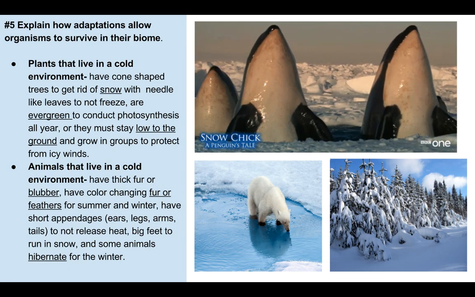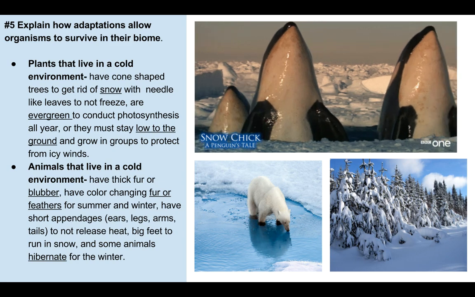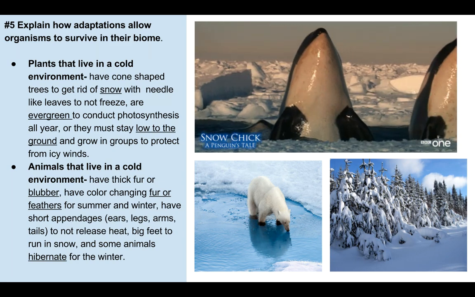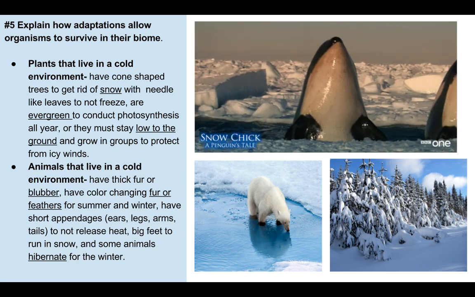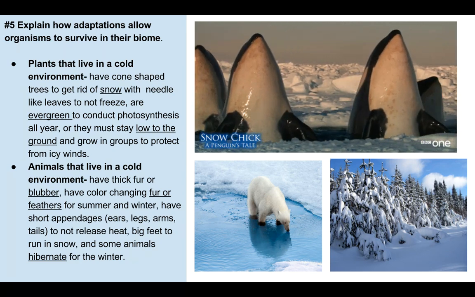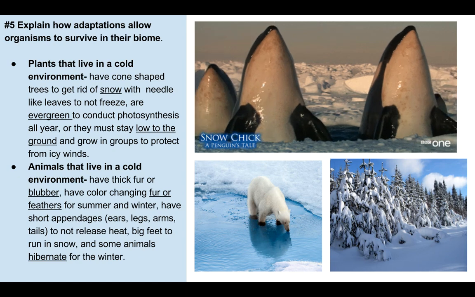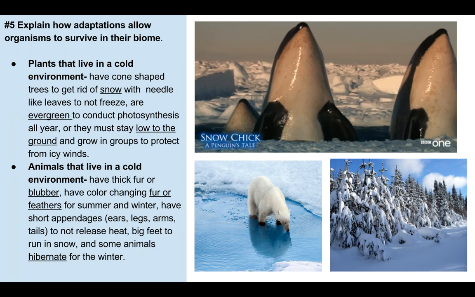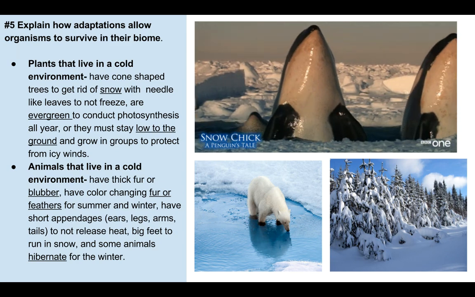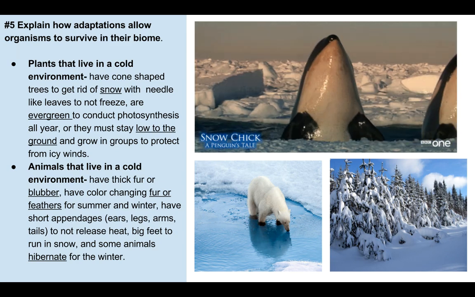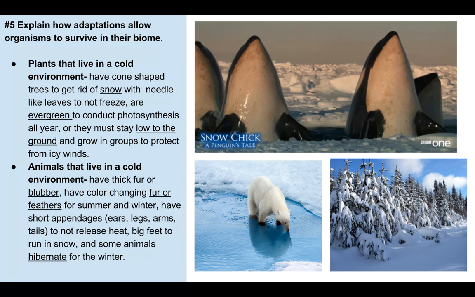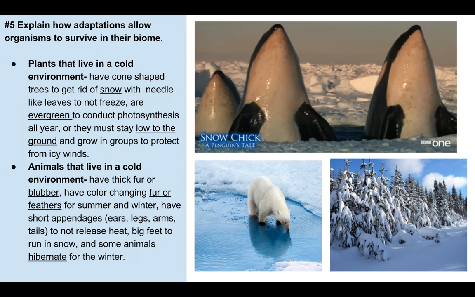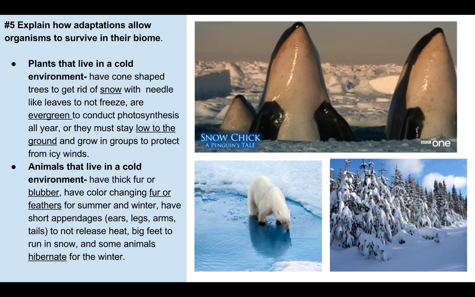Stick with me. Explain how adaptations allow organisms to survive in their biome. So plants that live in a cold environment have cone-shaped trees that get rid of snow with needle-like leaves and do not freeze. These are evergreen to conduct photosynthesis all year, or they must stay low to the ground and grow in groups to protect from icy winds.